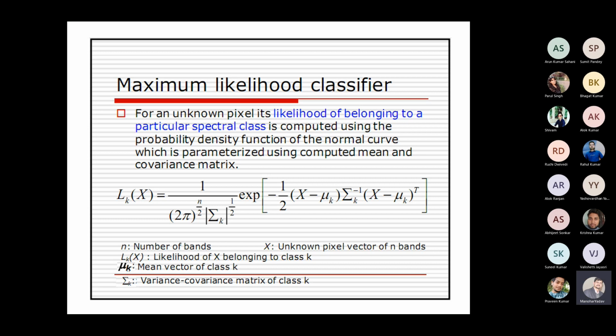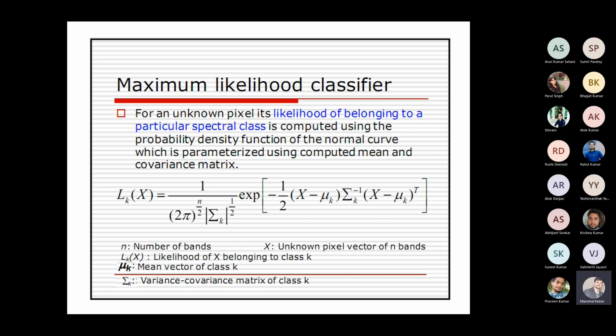Now, how the maximum likelihood classifier works: when we select an unknown pixel, we calculate the likelihood of it belonging to a particular spectral class. It is computed using the probability density function of the normal curve, which is parameterized using the computed mean and covariance matrix.